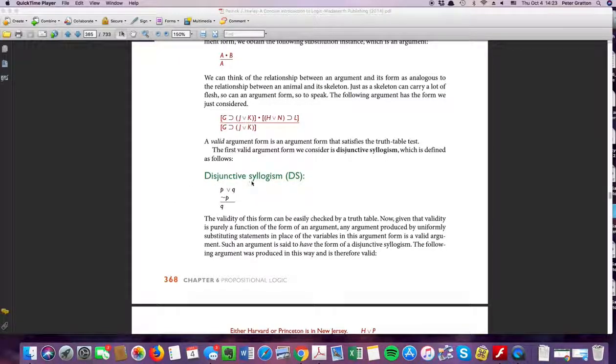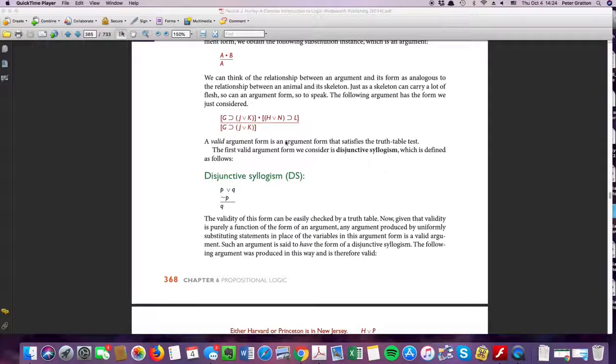If we're given what's called a disjunctive syllogism, and again, we're going to be reviewing this when we get back into the slides, the disjunctive syllogism is the name of a particular kind of argument that can be easily checked by a truth table, and is always valid. Always.